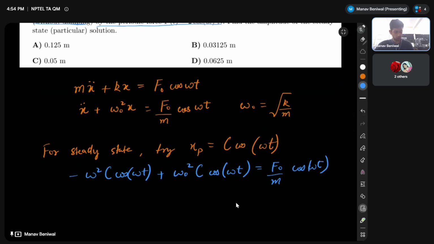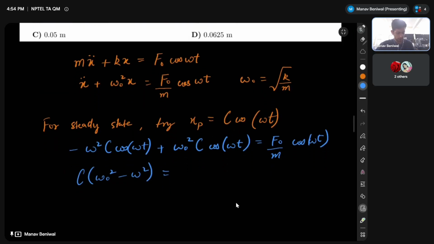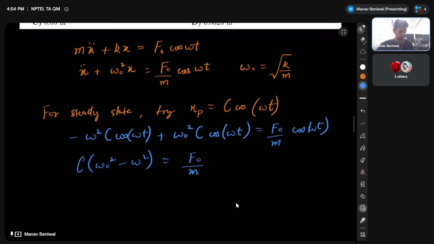So we can cancel out all the cos omega t's here, and we can take C as common, and this becomes C times omega naught squared minus omega squared equals F naught over m, and this implies C equals F naught over m times omega naught squared minus omega squared. Okay, so this is the equation that we get.